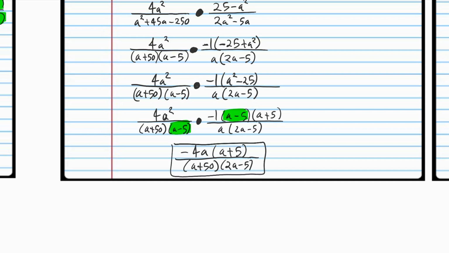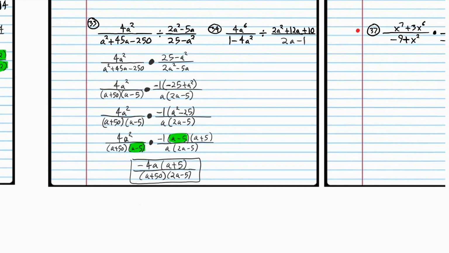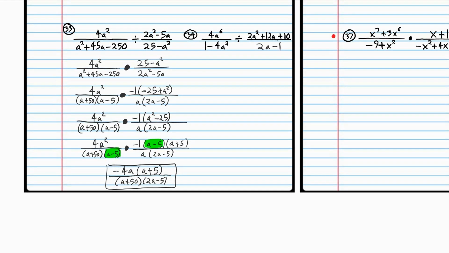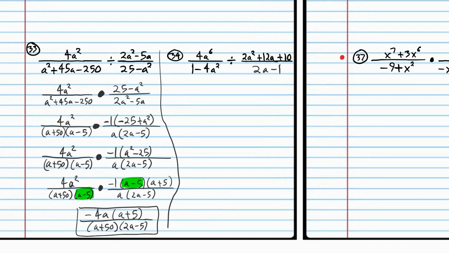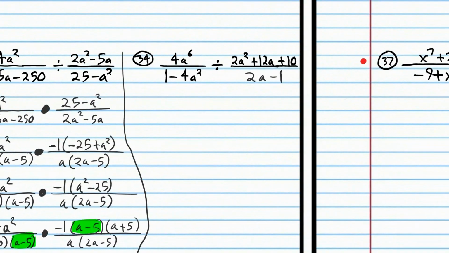So let's just double check that. Everything looks right. So if you got that answer, good job. So you're going to have to use the negative 1 rule on 34. So go ahead and try 34. And when you're done, we'll do it together.